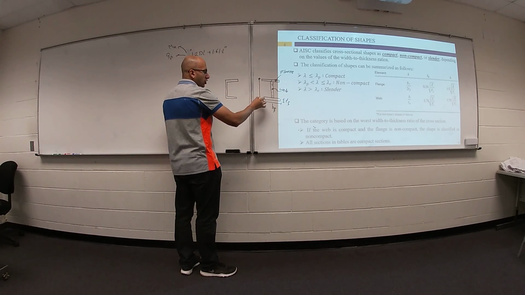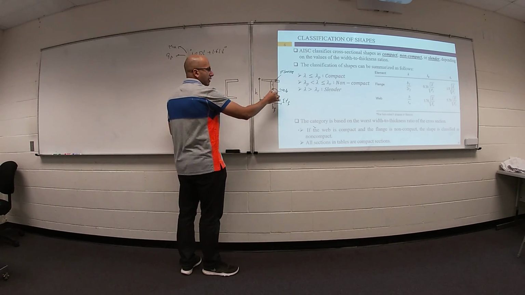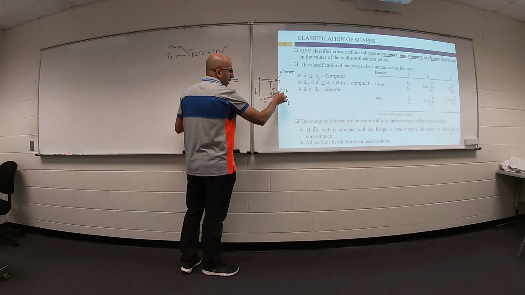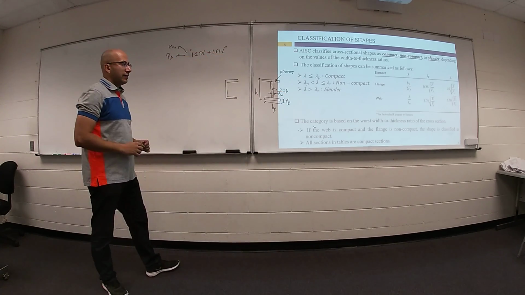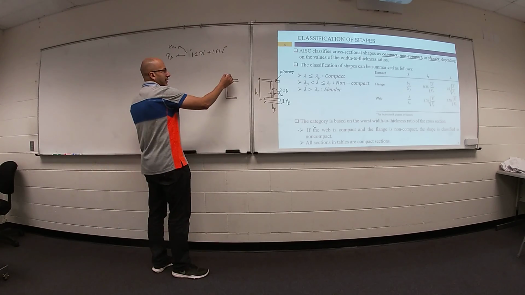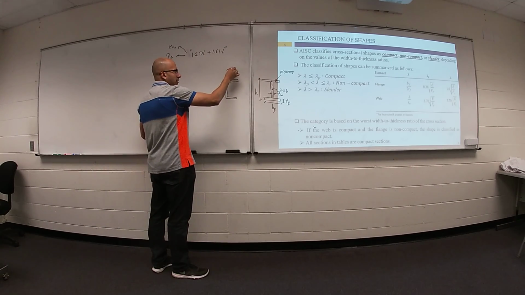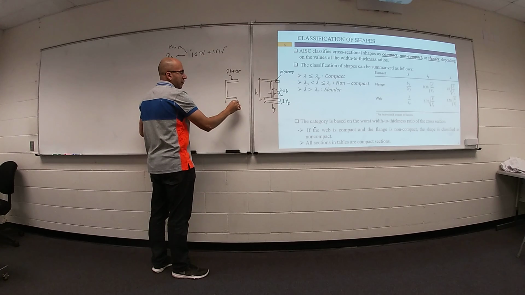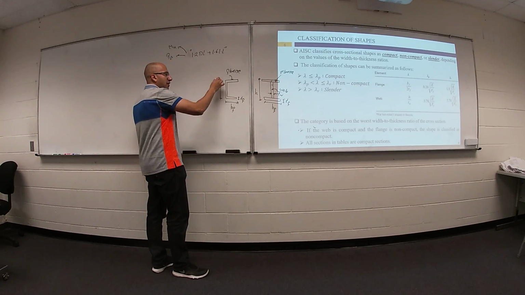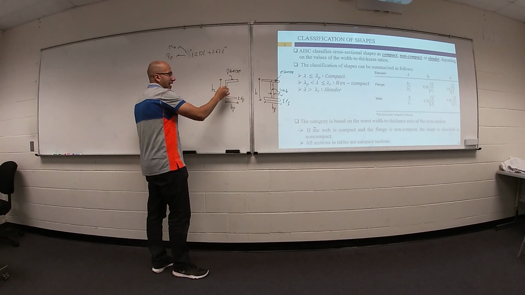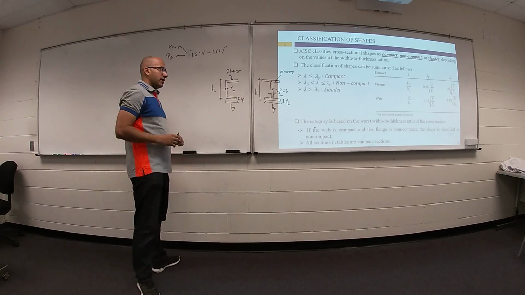It is your H, total height. It is your T web, thickness. For a channel, this is your flange. So we have B flange, T flange, and we have H, and we have T web.